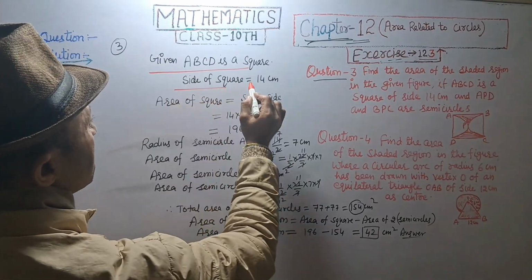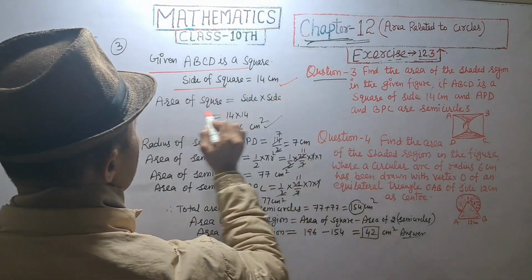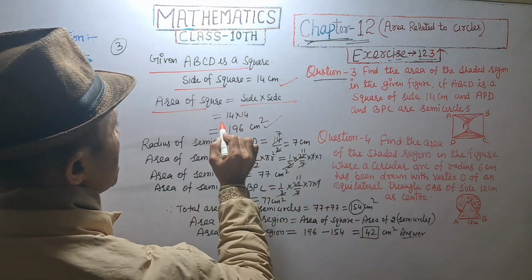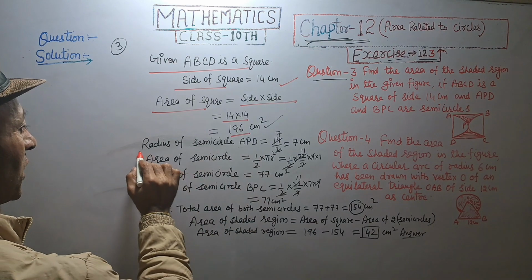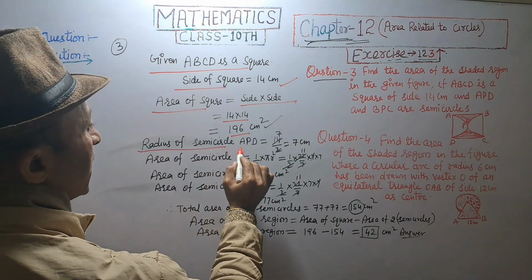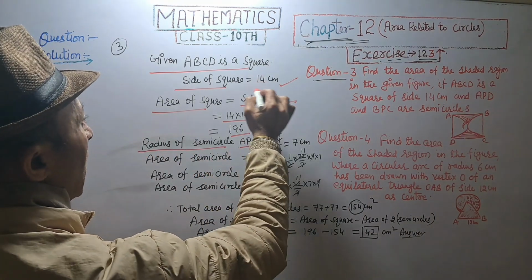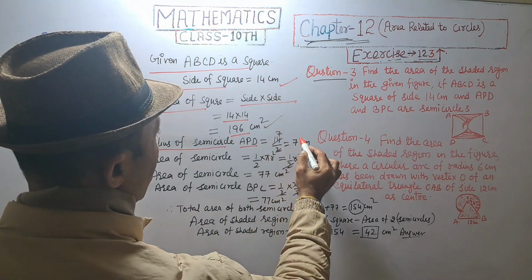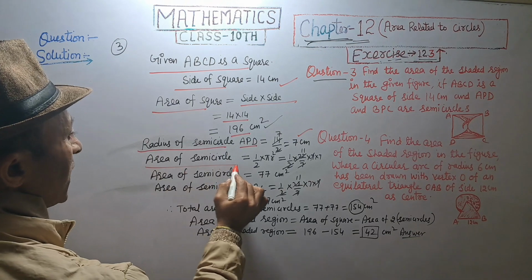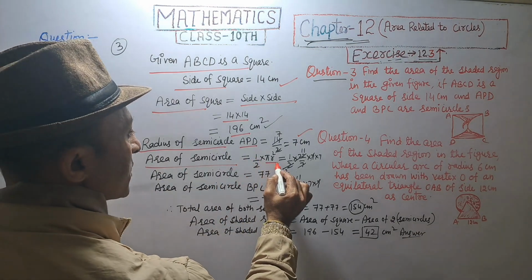ABCD is a square and side of square is 14 centimeter. Area of square is side into side, 14 multiplied by 14, that is 196. Radius of semicircle APD is equal to half of the side, that is 14 divided by 2 is 7 centimeter, and area of semicircle is half into pi r square.